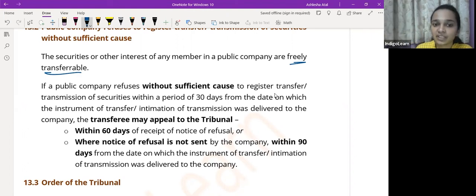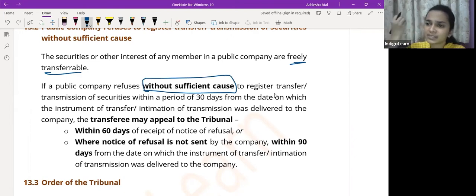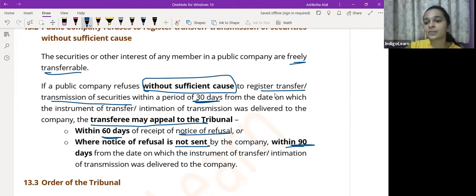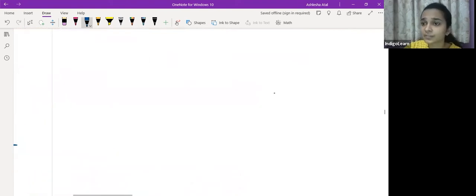सो इफ अ पब्लिक कंपनी रिफ्यूजेस विदाउट सफिशिएंट कॉज, दे डू नॉट हैव अ कॉज बट फिर भी वो लोग रिफ्यूज कर, without sufficient cause to register transfer or transmission of securities within 30 days from the date on which the transfer instrument has been delivered to the company. तो situation में बस यहाँ पे change है इधर, the transferee may appeal to the tribunal within 60 days from notice of refusal, और अगर notice of refusal नहीं है तो within 90 days from the date of delivery of instrument of transfer.